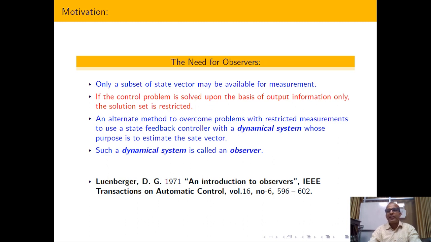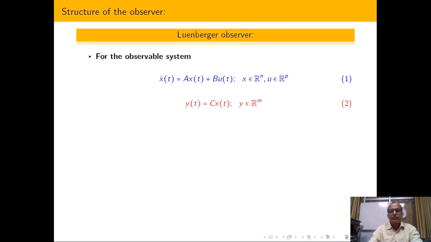Whatever I discuss today, I have taken from this paper. It is a very primitive paper, and after this lecture please try to go through it: An Introduction to Observer. It is a very good paper and nicely written. Now let us take a linear time invariant system.